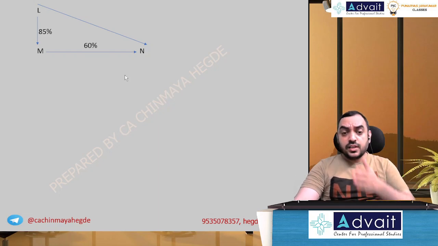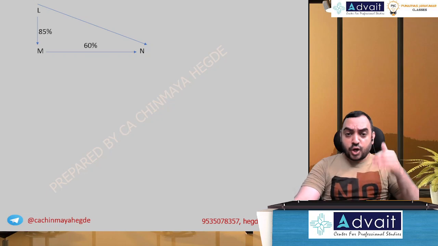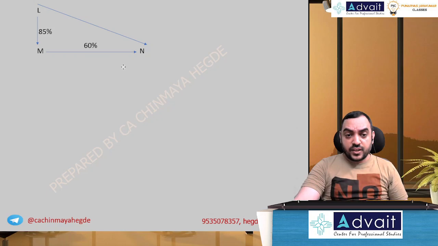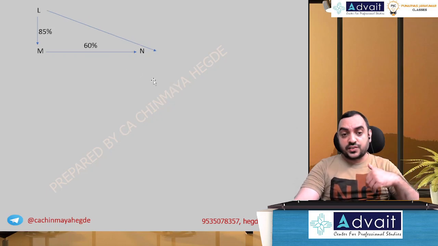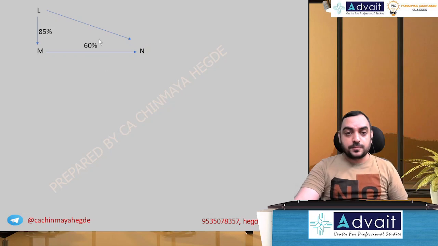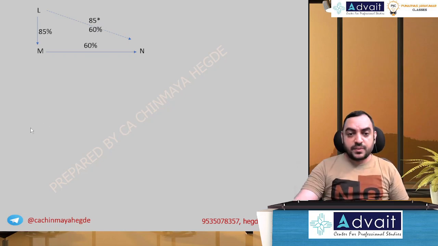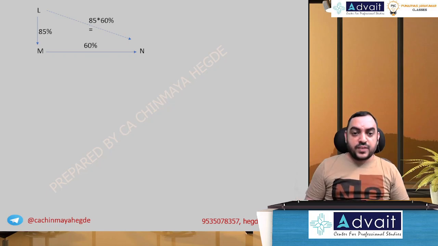You understand the calculation? 60% of N goes to M. Out of that, 85% goes to L. So when you calculate the group holding in N, you should do percentage of percentage: 85% of 60%, which comes to 51%.